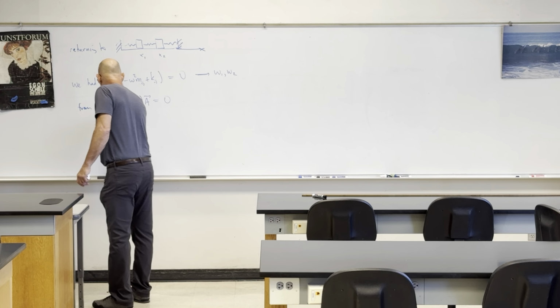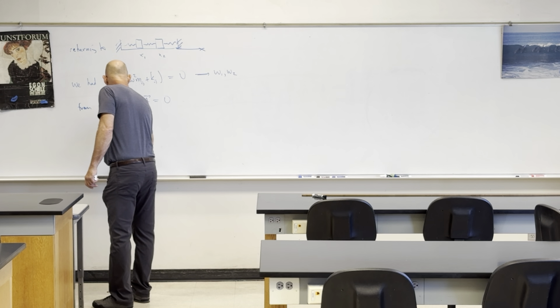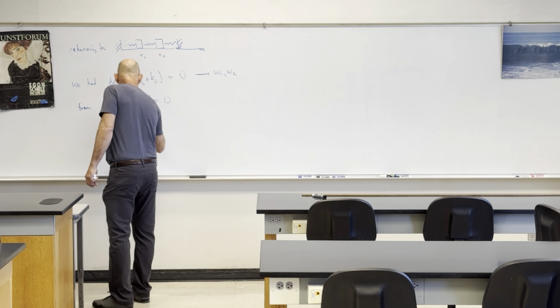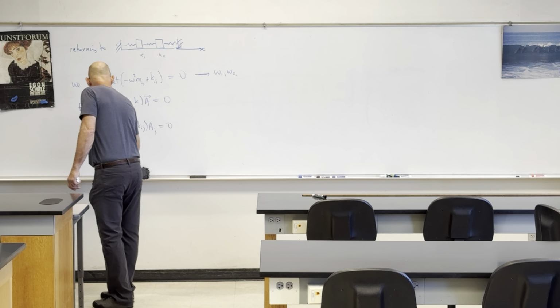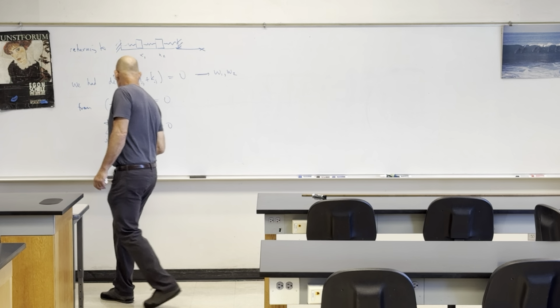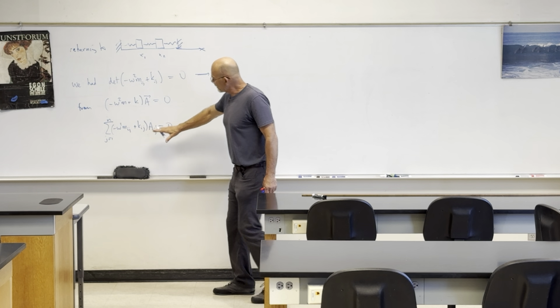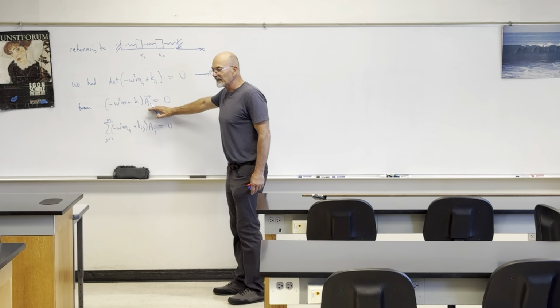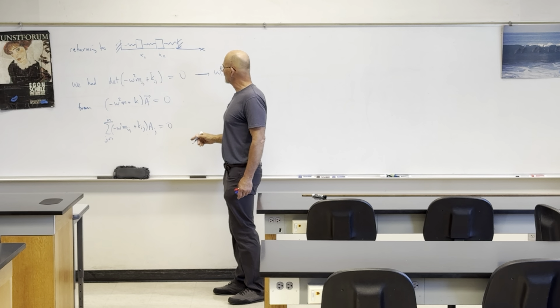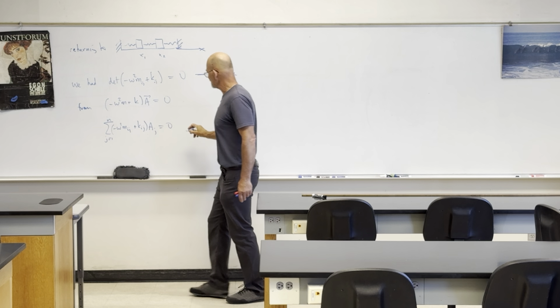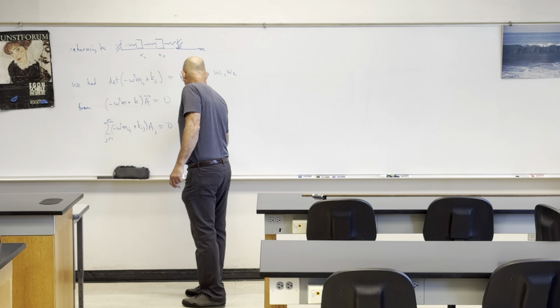That looked like the sum over negative omega squared mij plus kij, aj equals 0. So this was j equals 1 to n. Remember we worked our way through from the equations of motion, matrix equation, and then the condition on the characteristic polynomial. And this was for i equals 1 to n.